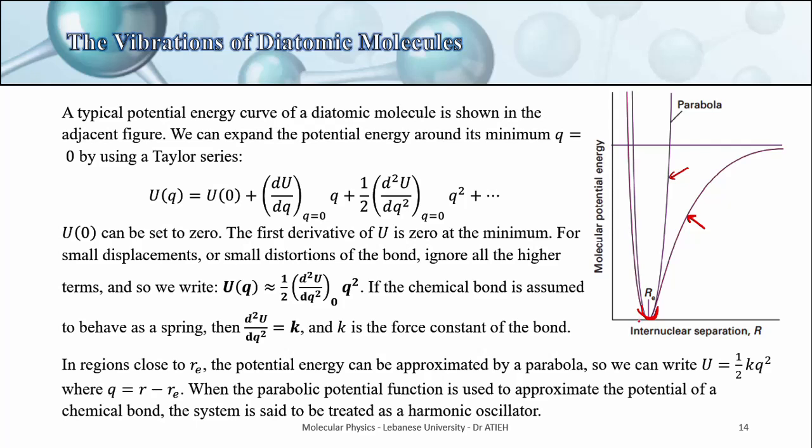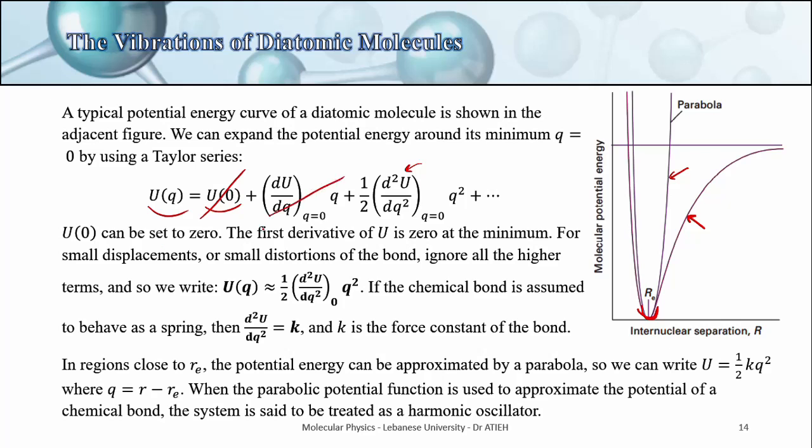So let's expand the potential energy around its minimum value q equals 0 using a Taylor series. So the potential energy of q equals the potential at 0, since we are expanding at 0, plus the derivative at 0 times q, plus half the second derivative of U at 0 times q squared, etc. The potential at 0 is equal to 0 because 0 is the equilibrium position and the energy at the equilibrium position is 0.